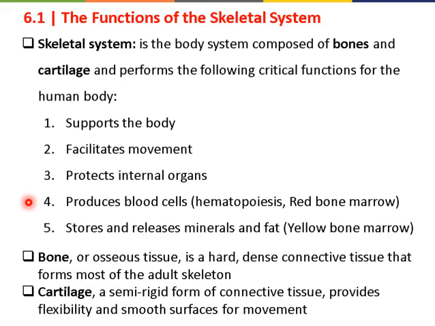The next function is producing the blood cells, this process called hematopoiesis, and it's carried out in what is called red bone marrow, which we will talk about in detail later. And the fifth function is storing and releasing the minerals and storing the fat, which is also carried out by the yellow bone marrow, which we will talk about in detail later.